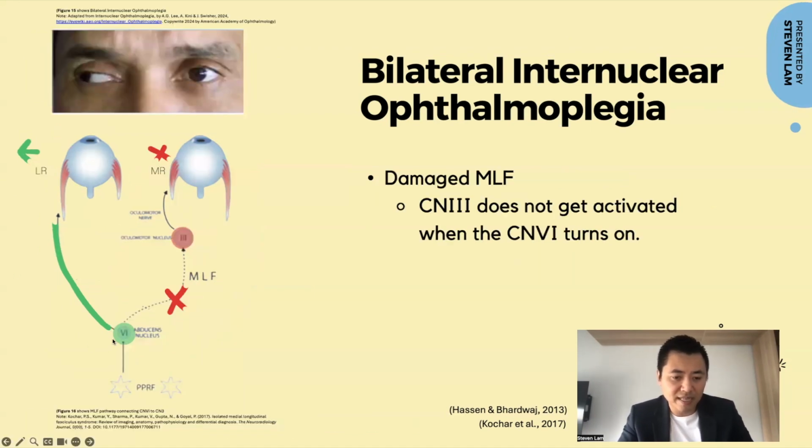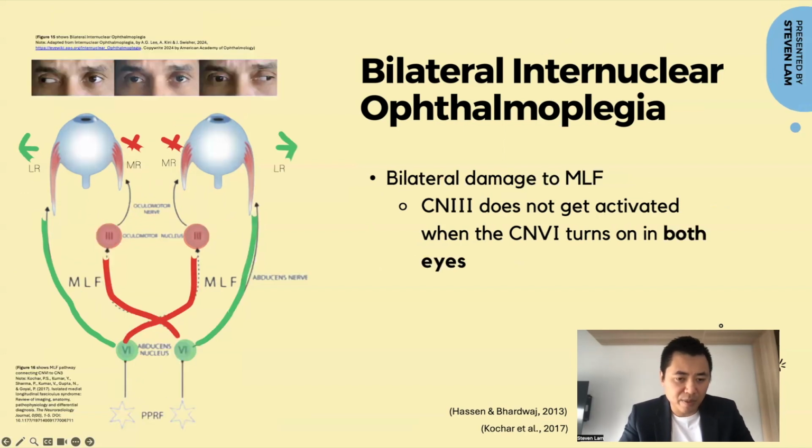And so you can see that the cranial nerve 6 innervates the lateral rectus, eye moves out. But because the MLF is affected by multiple sclerosis, the medial rectus is not getting the signal, so the eye stays in the same place. And so this condition affects both MLFs, which means both eyes will get stuck in the middle and they won't be able to turn towards the nose.